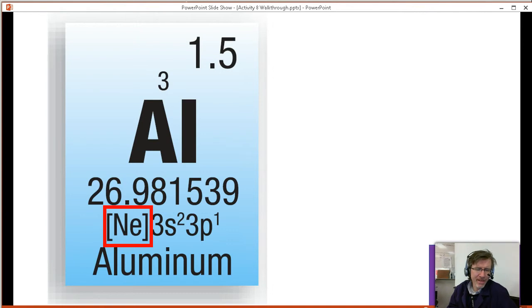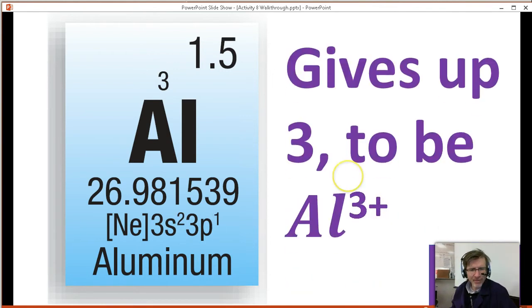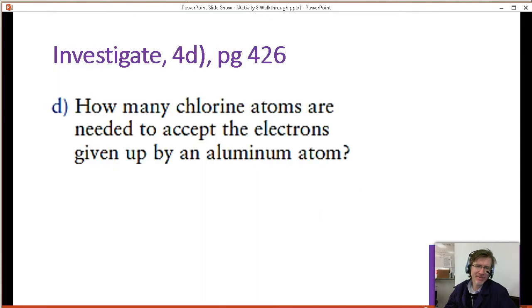The electron configuration is the same up until neon, and then it adds a 3s sublevel and a 3p sublevel. It has 2 electrons in the 3s and 1 electron in the 3p. It's going to give up 3, so it becomes Al3+, an aluminum with a 3+ positive charge.